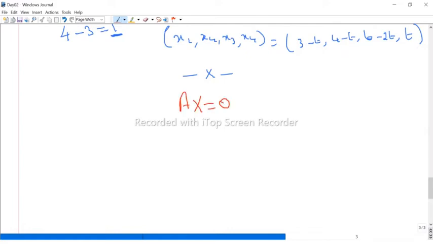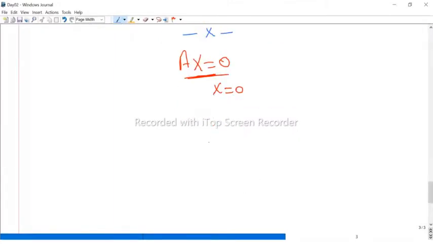Can you say one solution for this? We already said that the trivial solution, x equal to 0, is always a solution. But how many solutions exist for this homogeneous system? That is the theorem. The theorem says, suppose the number of unknowns is more than the number of equations, then it has infinitely many solutions.